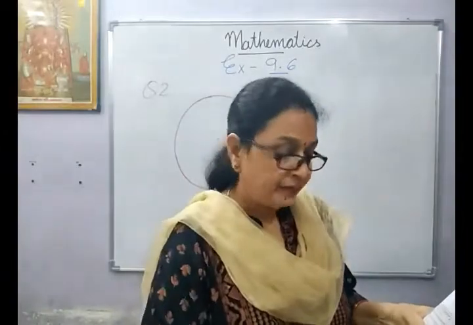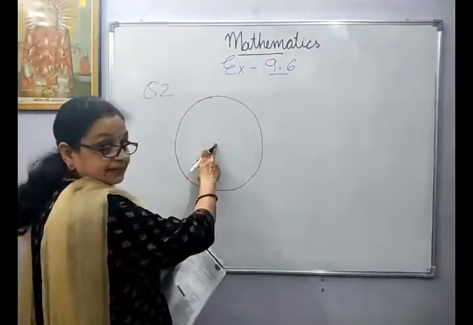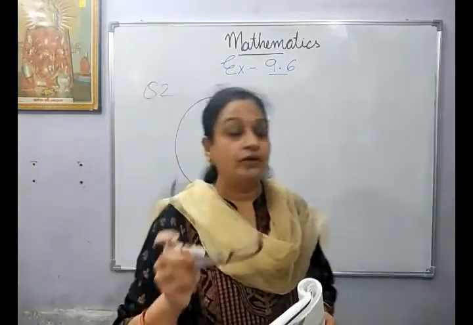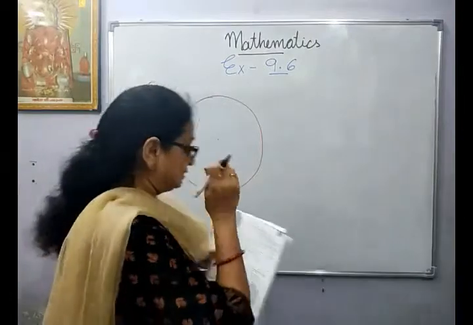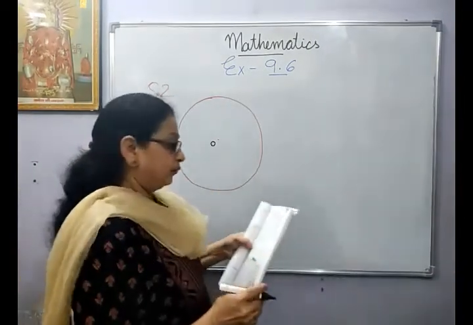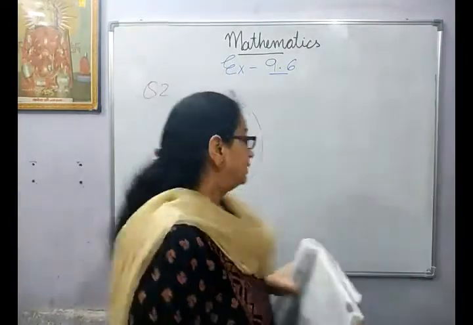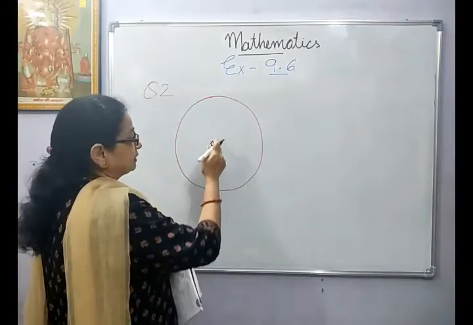You will draw it. So first is a center. I have marked the center, and I told you that you always label it. That circle will be known by its center. So suppose I take this as O. You can take any alphabet. Then radius. Radius is the distance of any point on the circle from the center.